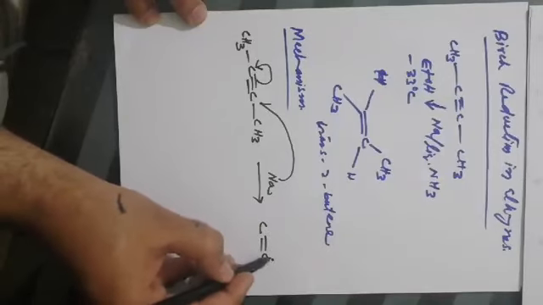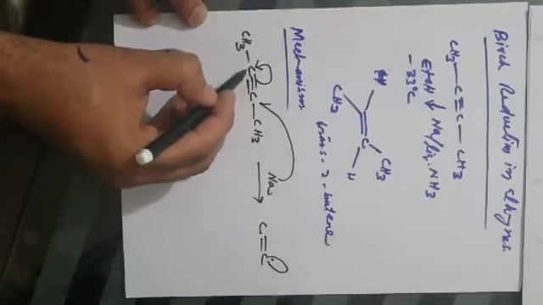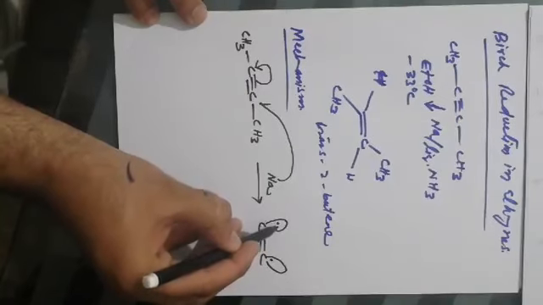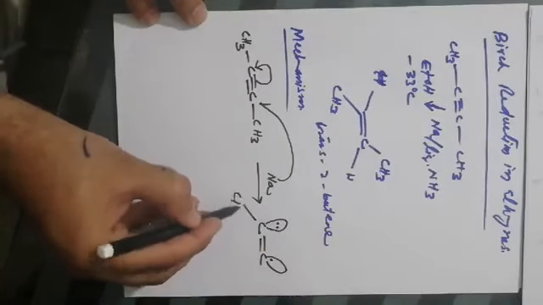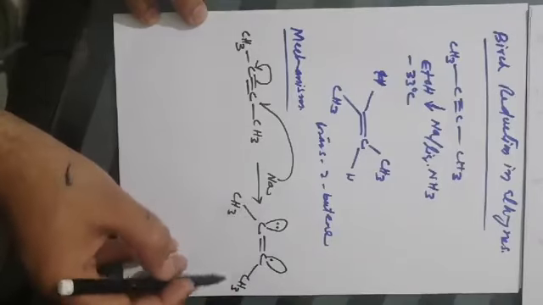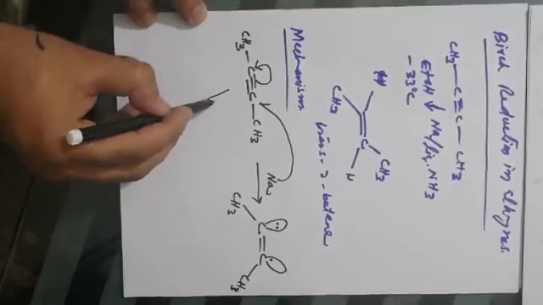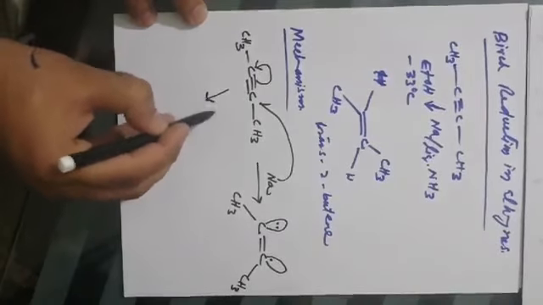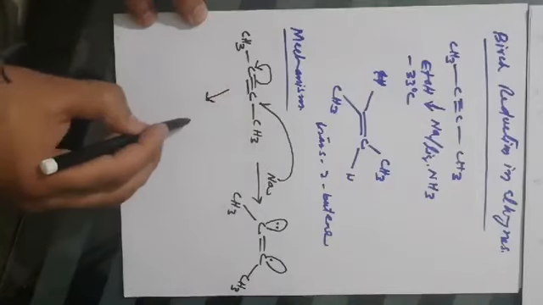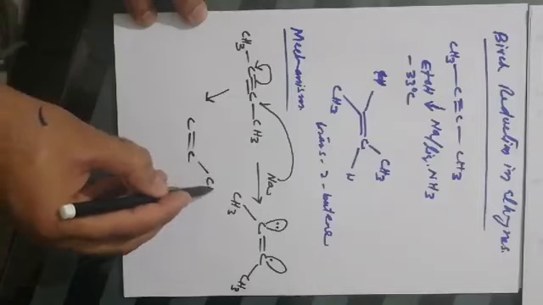Single electron here, and this carbon will get negative charge. So can I draw like this? Or you could also think that if the single electron occurs here, then I could draw like this.